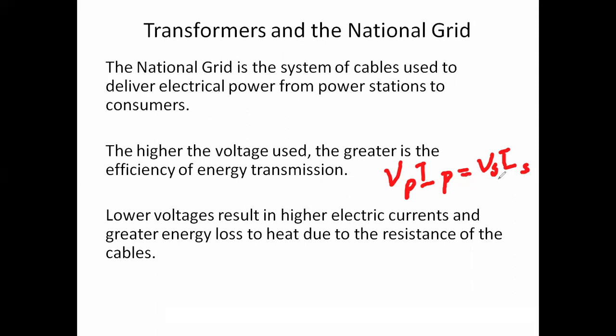But the larger the current, the more I square R loss. If the current is increased, the power loss in the form of heat through the cable will also be increased, because the longer length of the cable will have more resistance, and the larger current will produce heating, and the power will be dissipated in the form of heat.